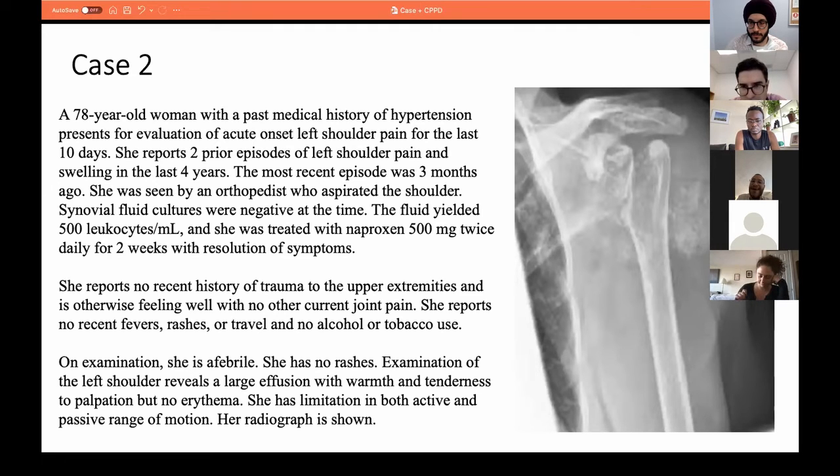I have no clue, to be honest. What could that be? It looks like calcium deposition. Can you repeat that one more time, please? Looks like calcium deposition. Right. So it looks hyperechoic, right? And calcium deposition, yeah.